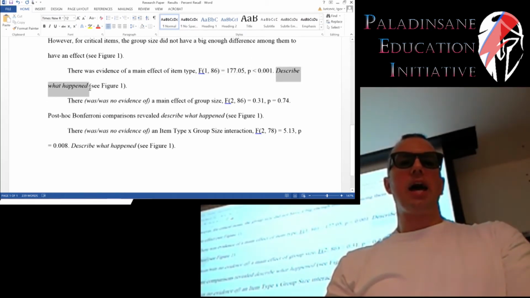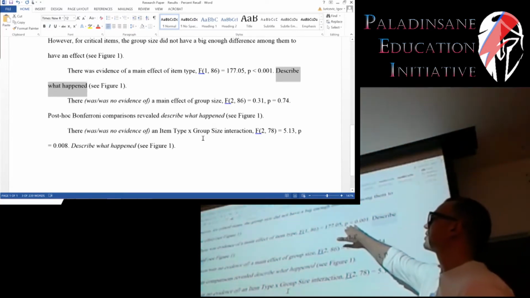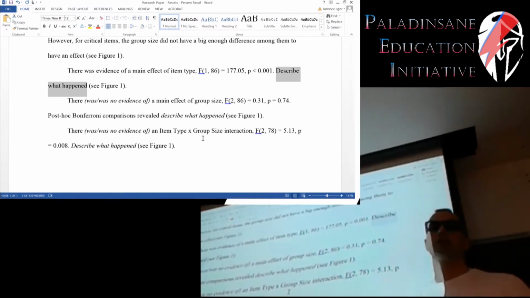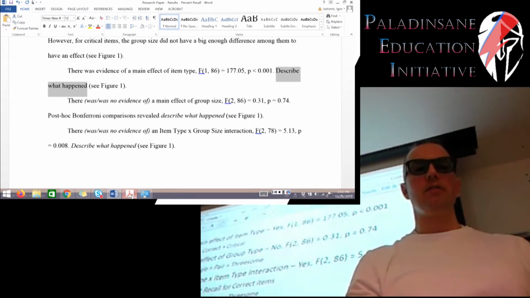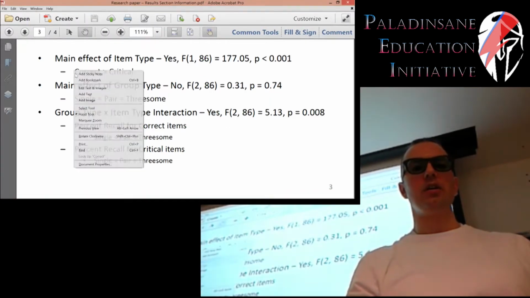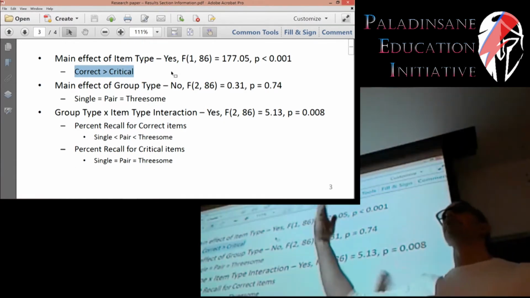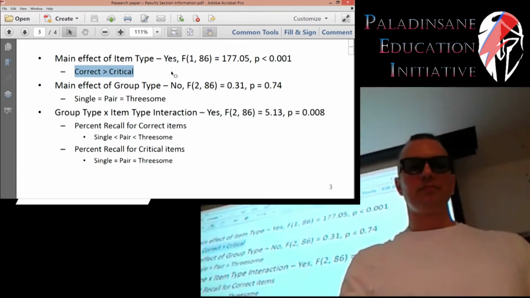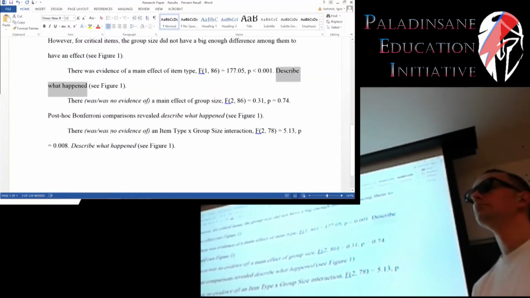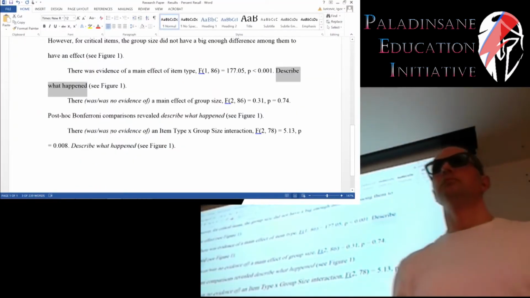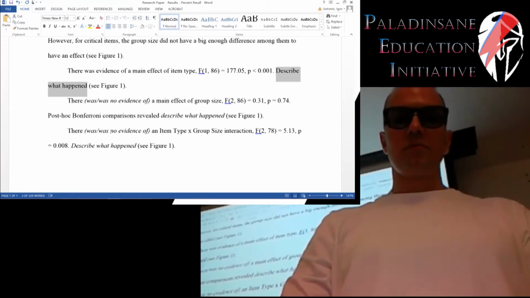All right, and now the last thing. So we just said that there's an effect. We just gave them the statistical evidence. Now we have to describe what happened. We have to give them this information in an English language sentence. So, there were more correct items recalled than critical items.